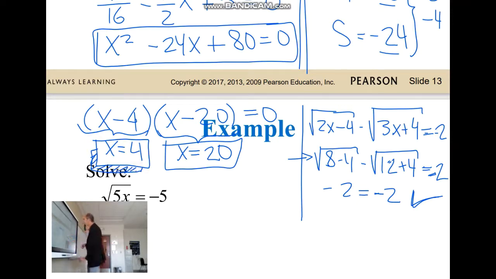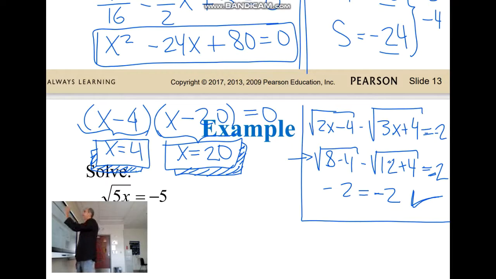And when you plug in x equals 20, you will also get a true statement. You can do your calculations and check it out, but it's going to produce a true statement, and this is also a good solution.